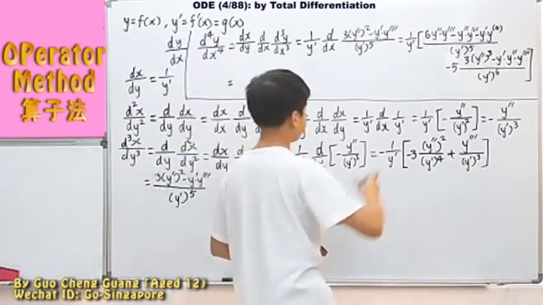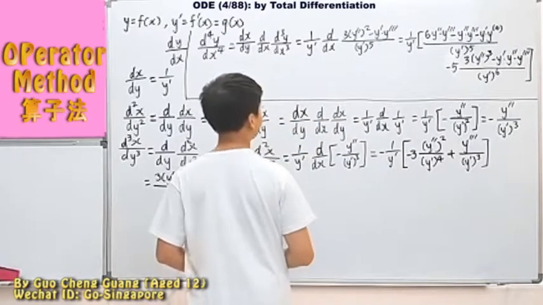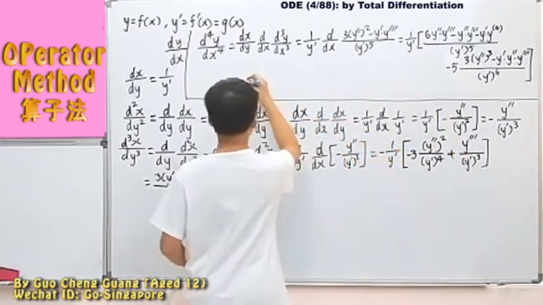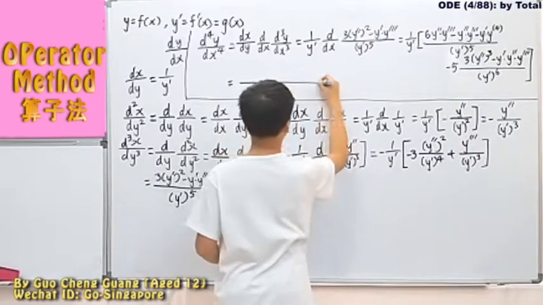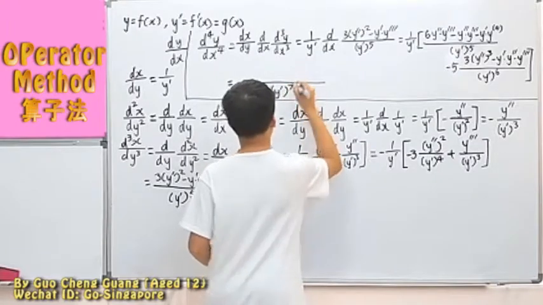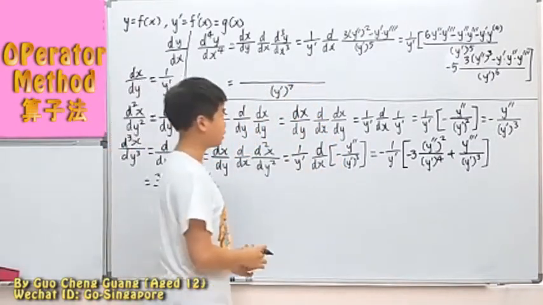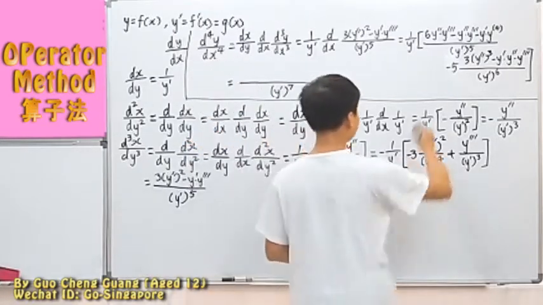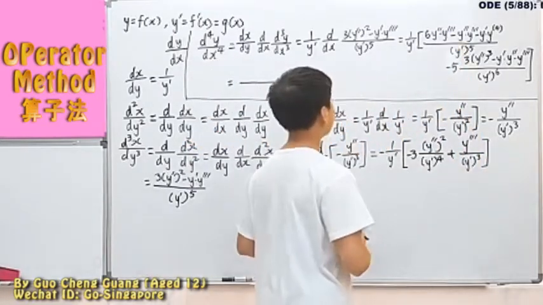Then after that, from this part, 1 over y prime, yes, you can times it in. So that means in total there will be to the power of 7 at this part. So this is to the power of 7. Then here you need to times an extra y prime.